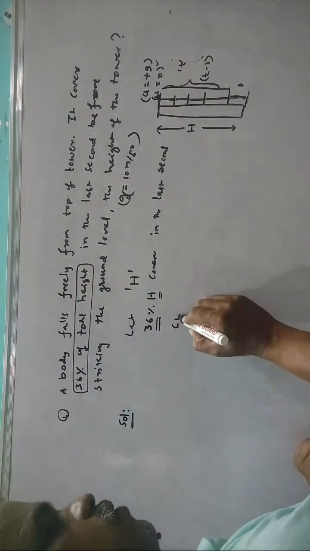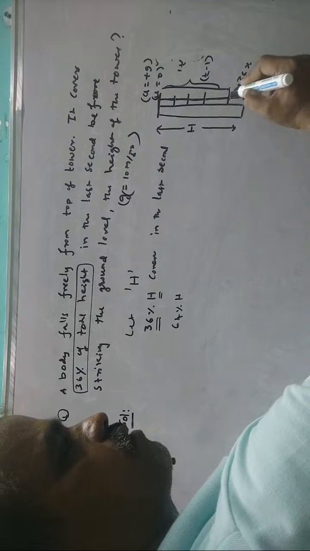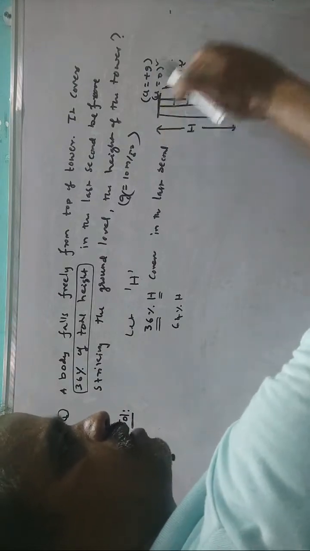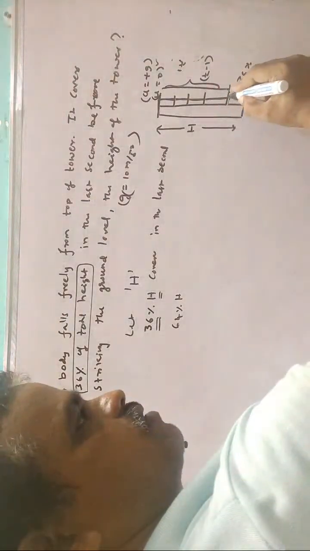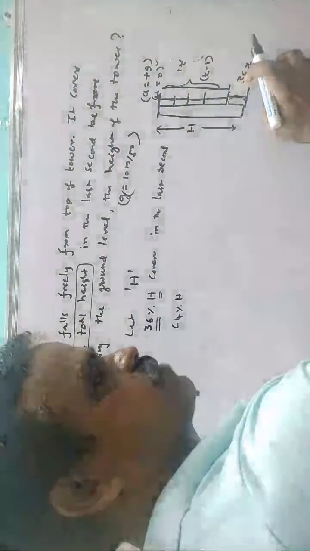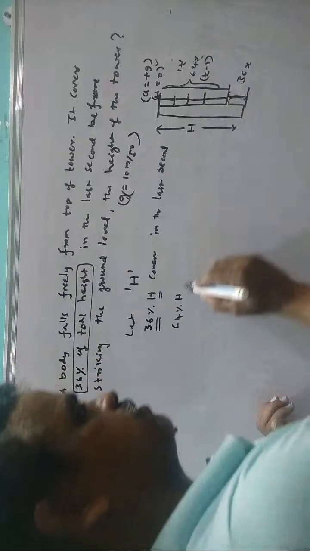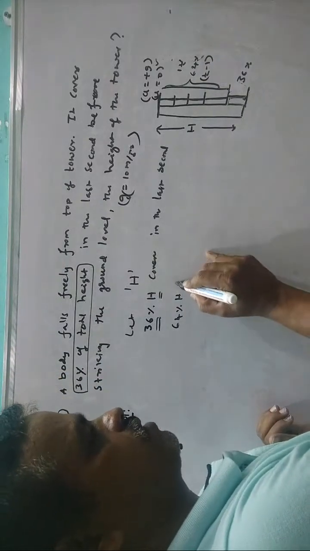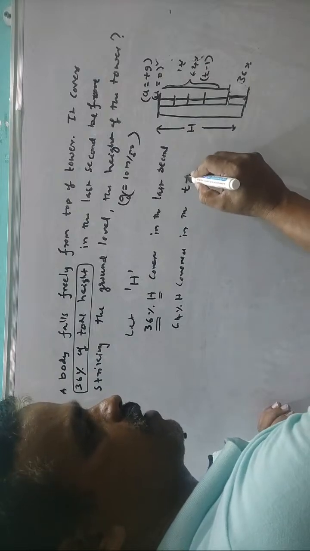Total height is H, 36% of total height is the displacement covered in the last second of its journey. So the remaining is 100 minus 36, 64 percentage, 64% of height covered in t minus 1 seconds.